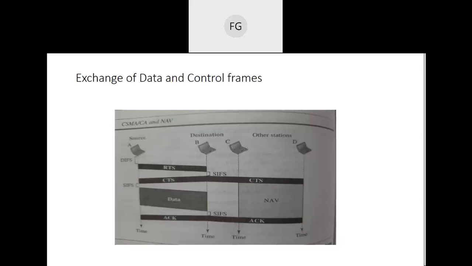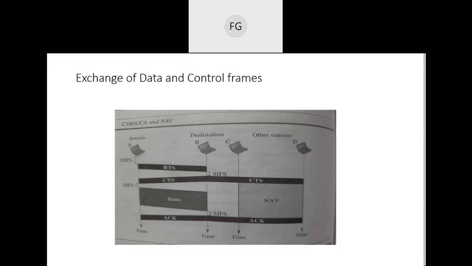And sometimes collision can also take place. So let's see what happens when a collision takes place. If there is a collision during the time when RTS and CTS control frames are in transition, this period is called a handshaking period. When two or more stations try to send RTS frames at the same time, a collision might happen.